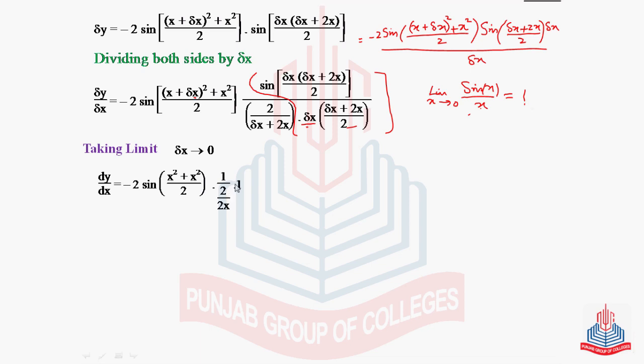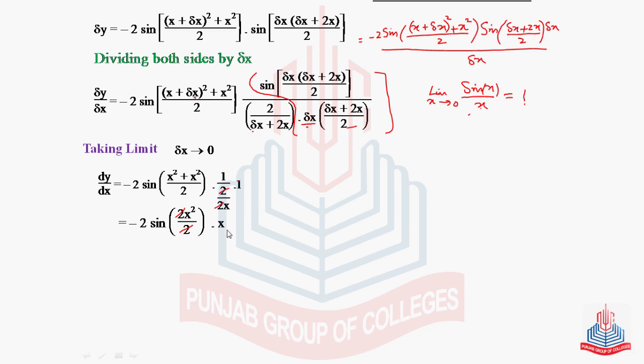We have only this 2x, and this whole thing will become 1. So the next step is minus 2 sine 2x square divided by 2. This 2 will be cancelled out, and this 2 will be cancelled out. We have only here 1 over x, so that will become x.